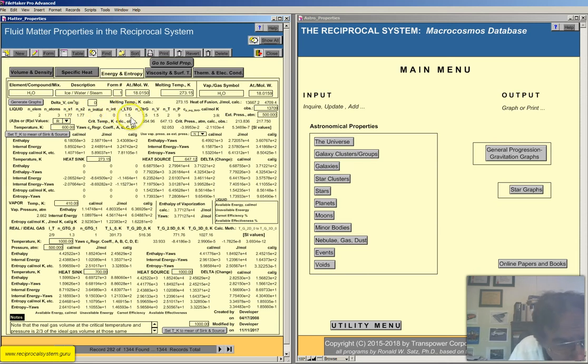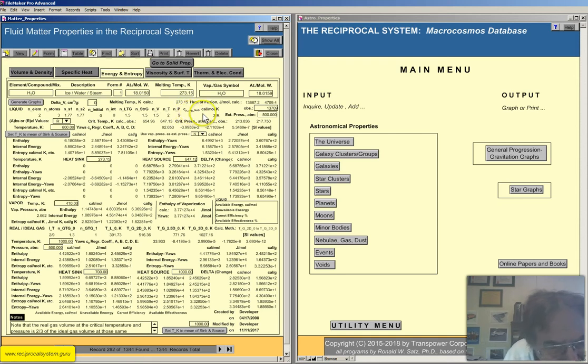These are the liquid thermal groups here, 1.5. Structural groups, 1.5. Number of volumetric units, 1.5. Number of temperature units, 2. Number of pressure units, 9. That means 9 molecules act together to act against external pressure.